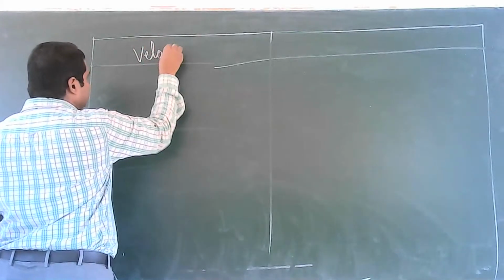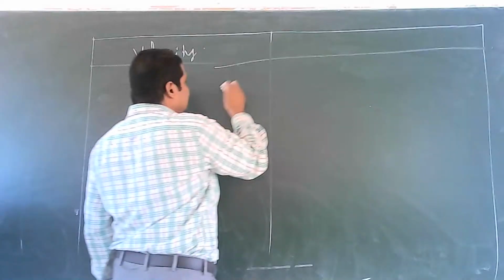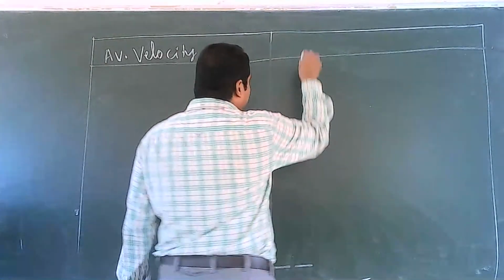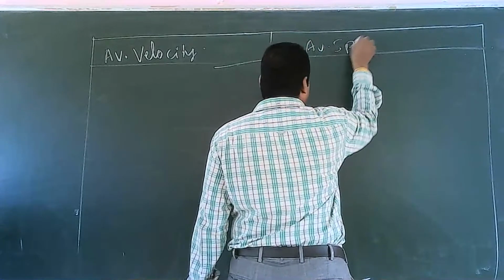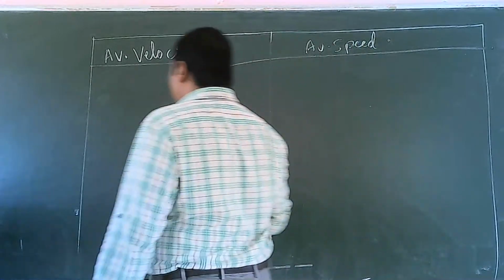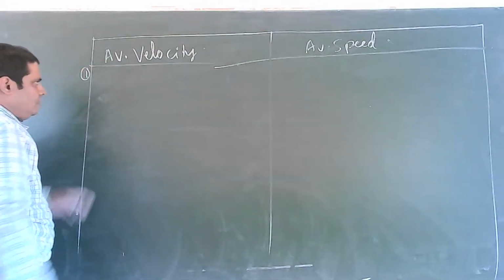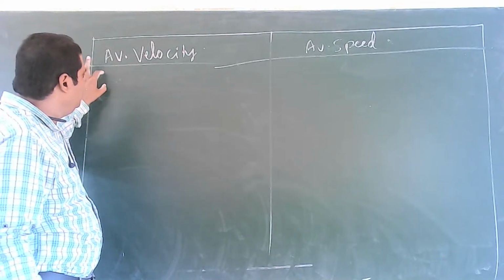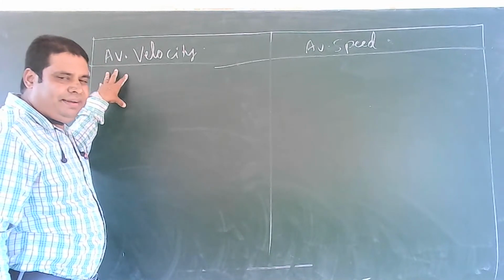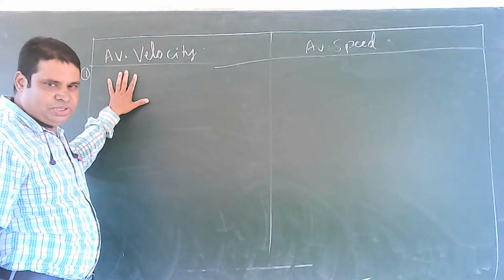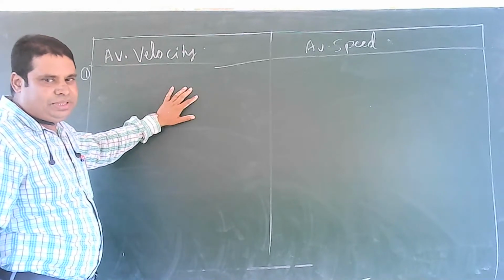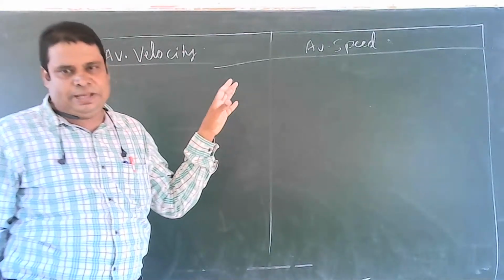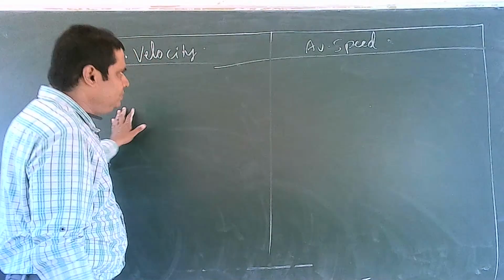Let me write average velocity and average speed. First thing, definition. Average velocity is change in position or displacement divided by time interval.